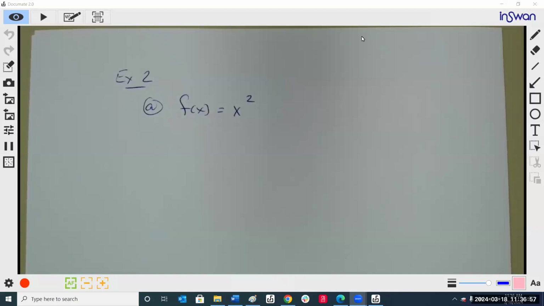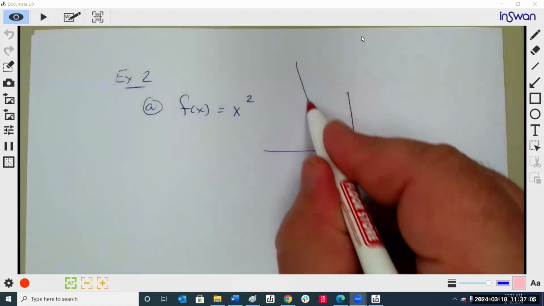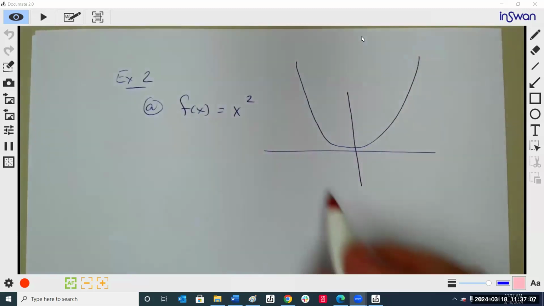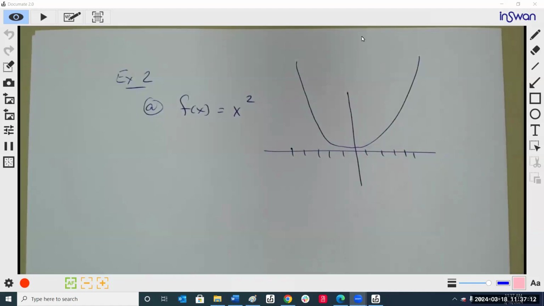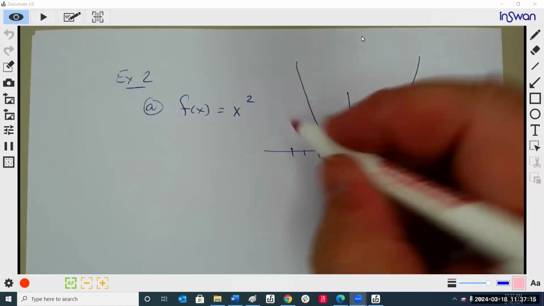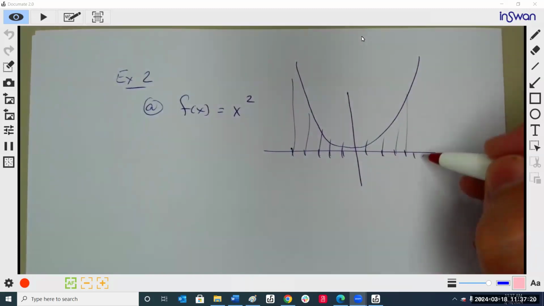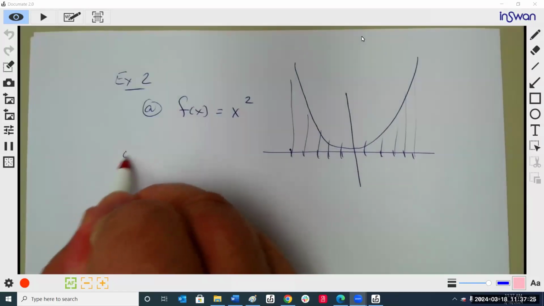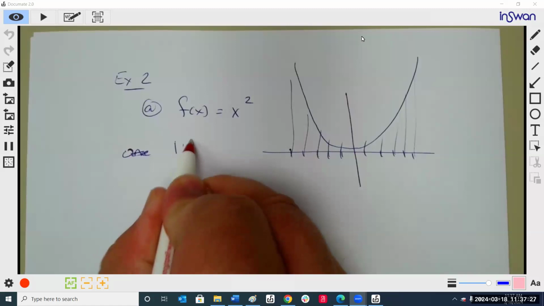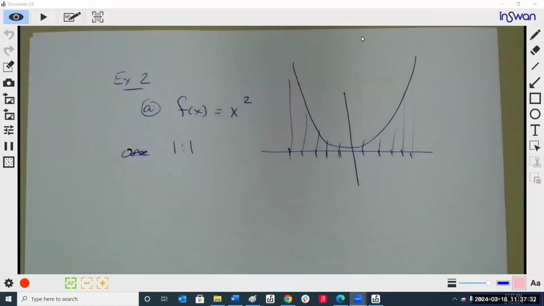For every x, is there one value of y? For every x, there's only one value of y. Yeah, right here. There's only one value of y. We're not talking about the horizontal line test yet. This is still pretty much the vertical line test. This is 1 to 1. For every x, there's one and only one value of y.